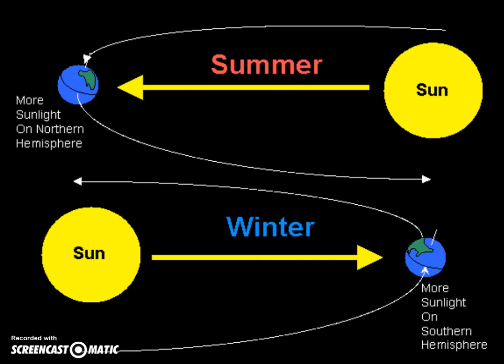So summer for northern hemisphere, we have more sun up top. Winter in the northern hemisphere, we have more sun on the bottom. Winter in the southern, there's more sun up top, less sun on the bottom. So when we have summer, the southern hemisphere has winter, and we've gone over that several times this semester.